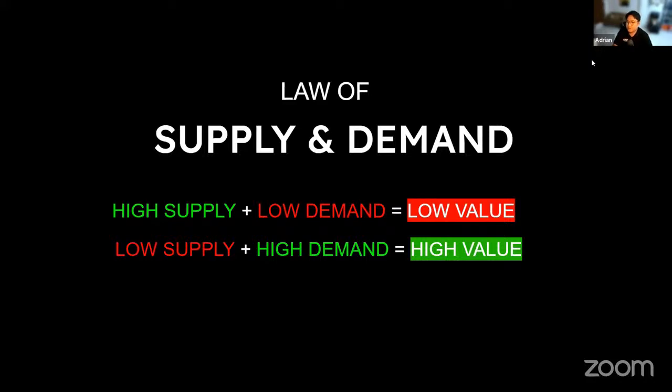But as time goes by, with the introduction of automation, the value or the earnings for it is not that high compared to 12 to 15 years ago. So that is a very good example of the law of supply and demand.